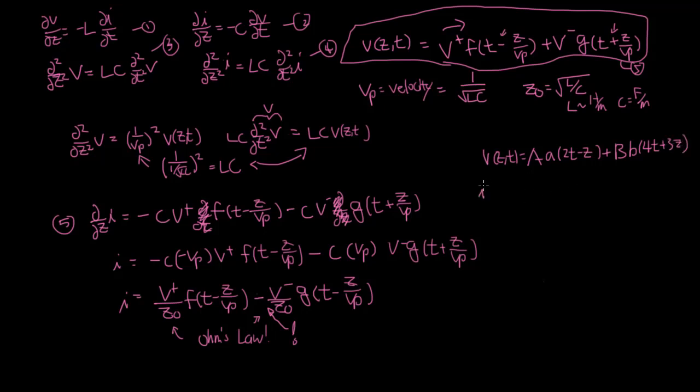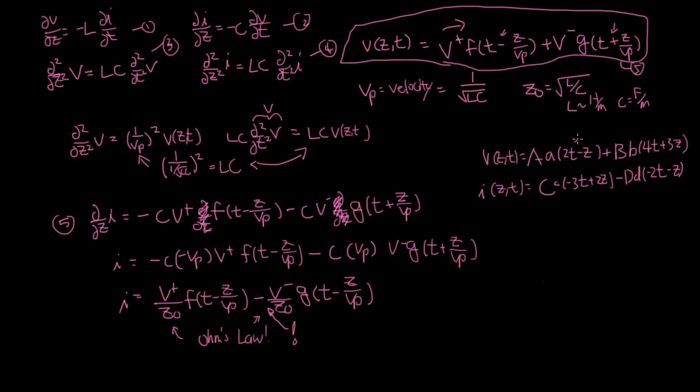We don't really worry about what it looks like. And the corresponding current for this equation is C times a function of 3t plus 2z, minus D times a function of 2t minus z.